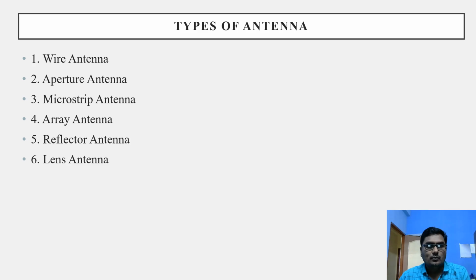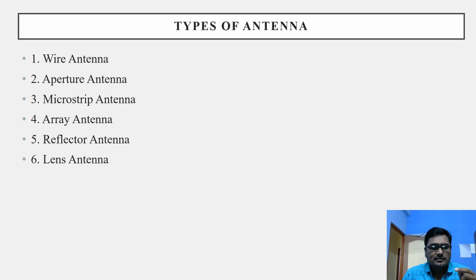Let's start. There are 6 types of antenna. First one is wire antenna, then aperture antenna. Third is microstrip array antenna, reflector antenna, and lens antenna. In this first chapter, we are not going to have a detailed discussion about every type of antenna.